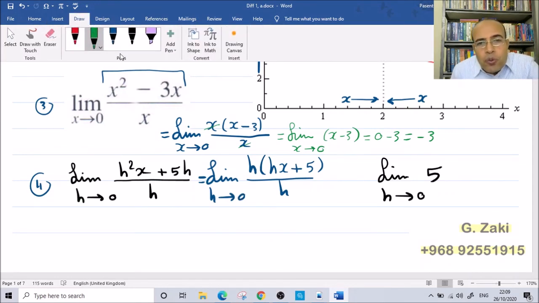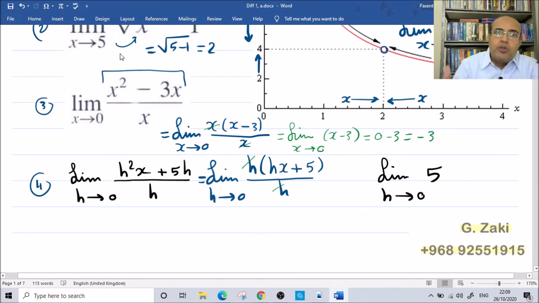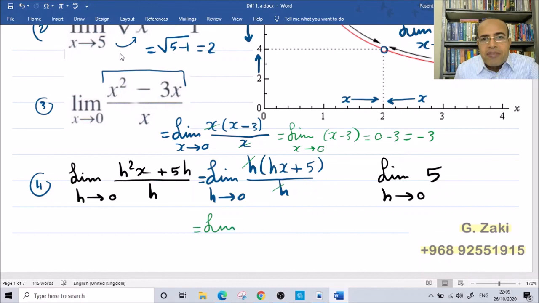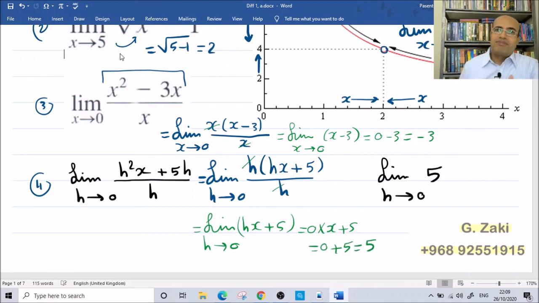So we cancel h with h before substitution, and then it becomes lim hx plus 5 when h tends to 0. Replace h by 0, so 0 times x plus 5. 0 times x is 0, 0 plus 5 equals 5.